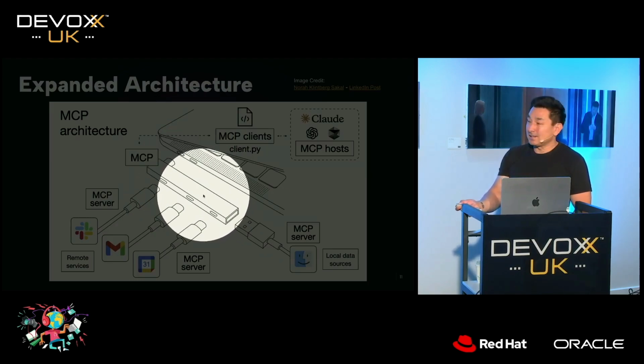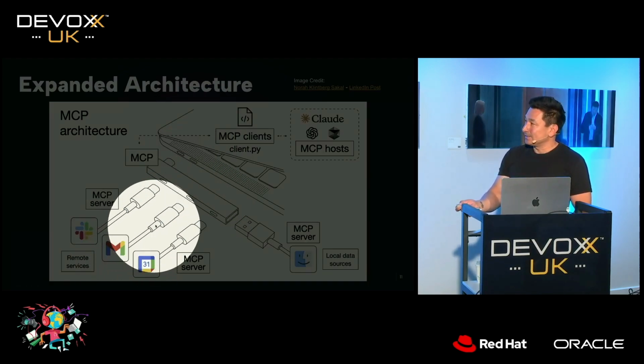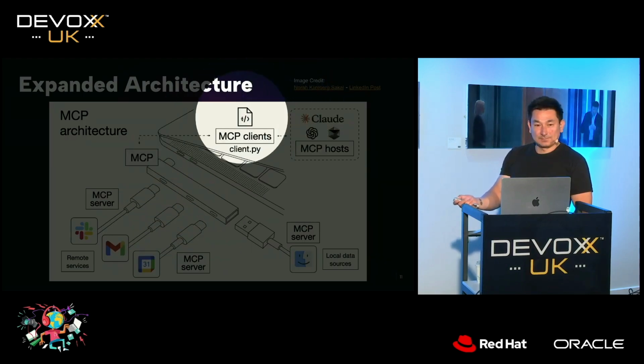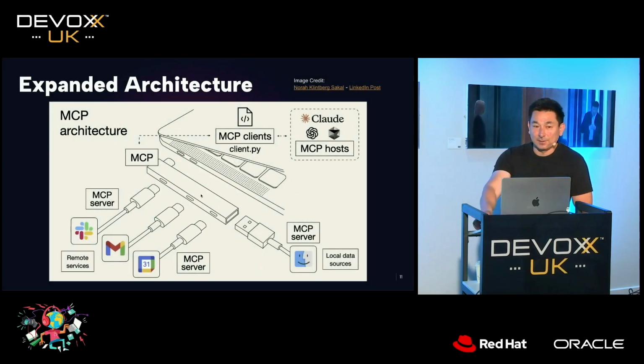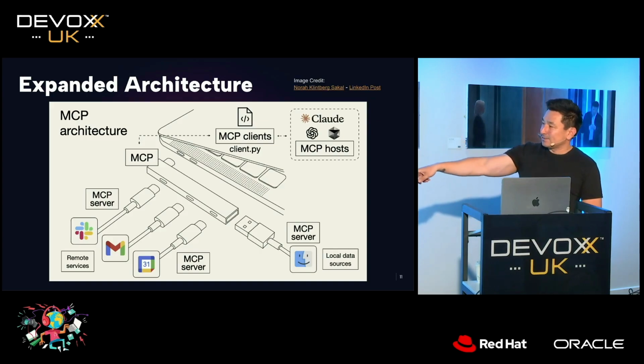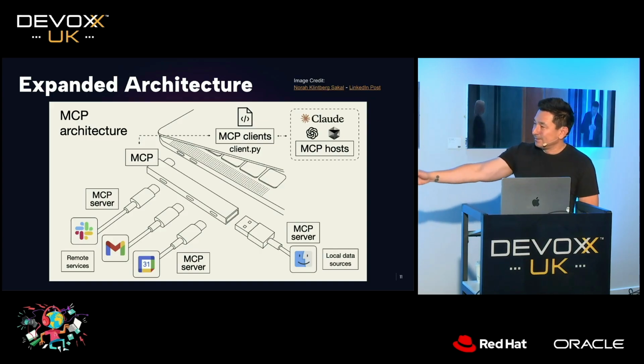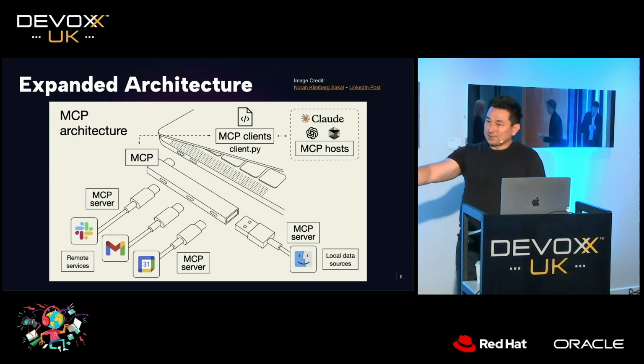It's a hub to connect any service that you want to an LLM. And that's the really, really cool part about this. So if your LLM needs to access Gmail for whatever reason, it uses the MCP protocol to contact an MCP server to get Gmail information and bubble that up back to the LLM.